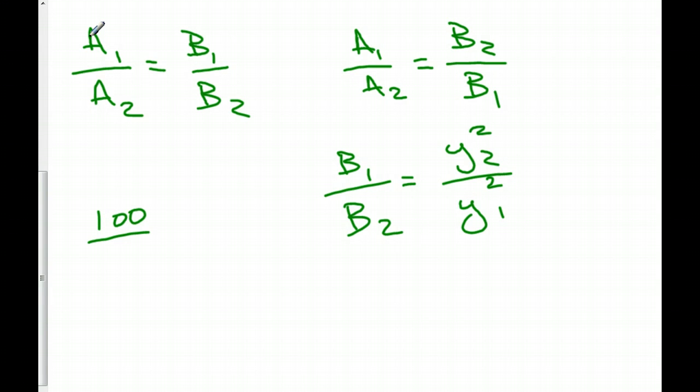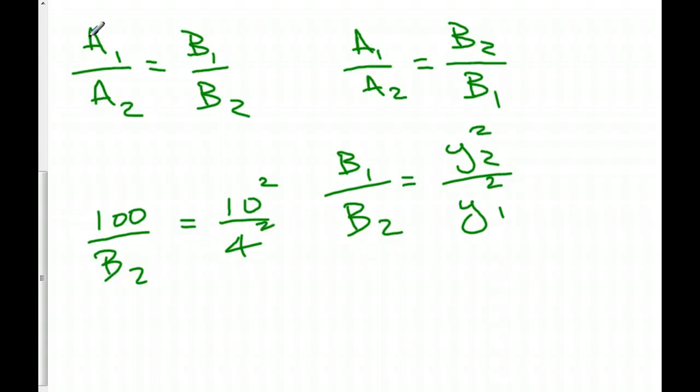And our B2 is what we're looking for, right? So we'll keep that as our variable. And our Y2 is what? What's the second Y value they give you? 10. And it's squared. And what is my first Y value?